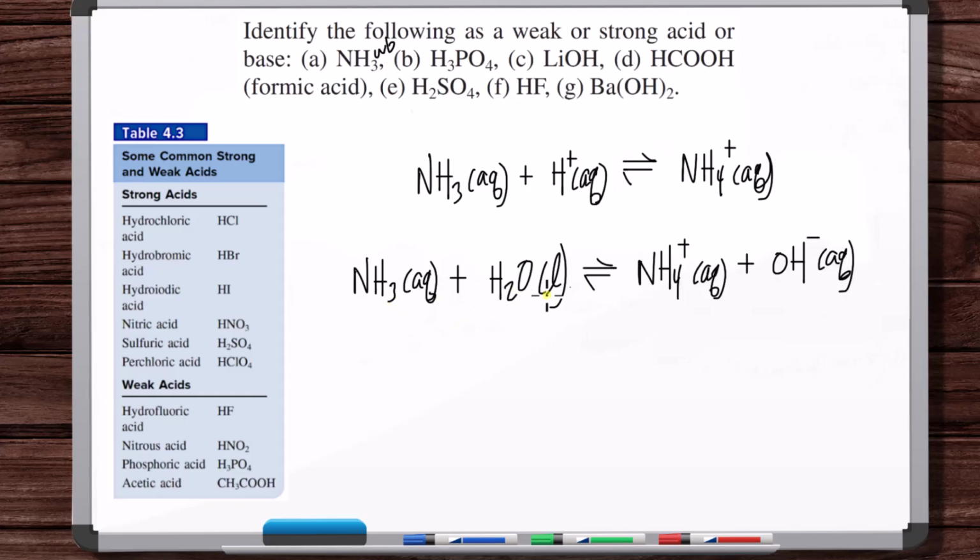You've really got neutral water, NH3 gets dissolved, and it's pulling hydrogens off of water, resulting in NH4+ and yielding these OH- ions. It's producing a basic solution. But again, this is a weak process. All right, H3PO4, that's phosphoric acid. And we can see phosphoric acid is a weak acid.